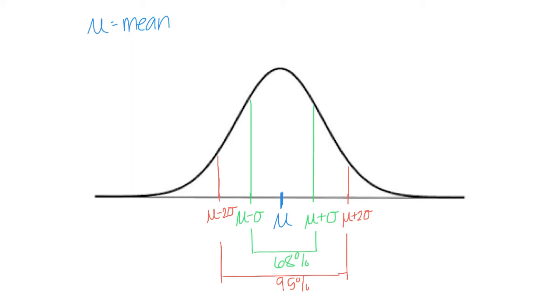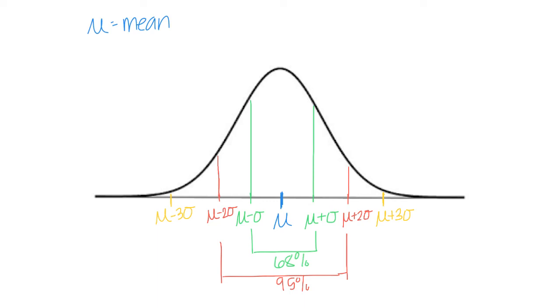And finally, if we go 3 standard deviations from the mean, which is almost the whole entire normal distribution, almost the whole distribution. So that would be the mean plus 3 standard deviations, and then the mean minus 3 standard deviations.